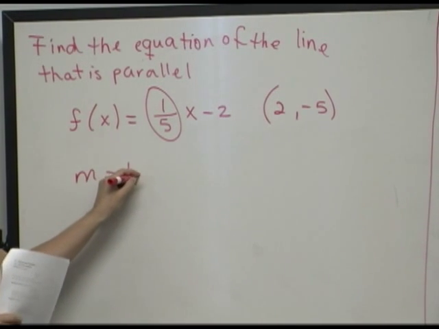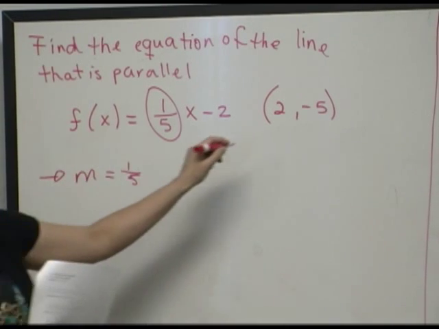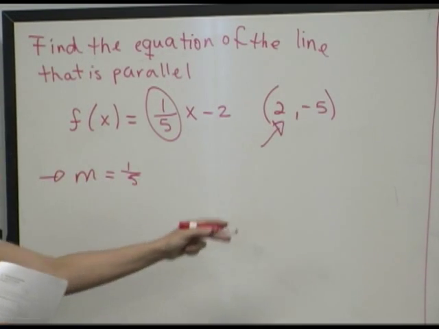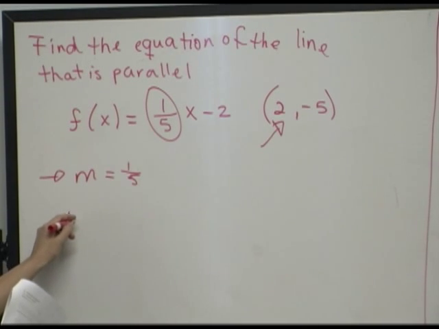1/5. Now, again, you have the slope, and you have a point. Now you use the point-slope equation again to find the equation of the line.